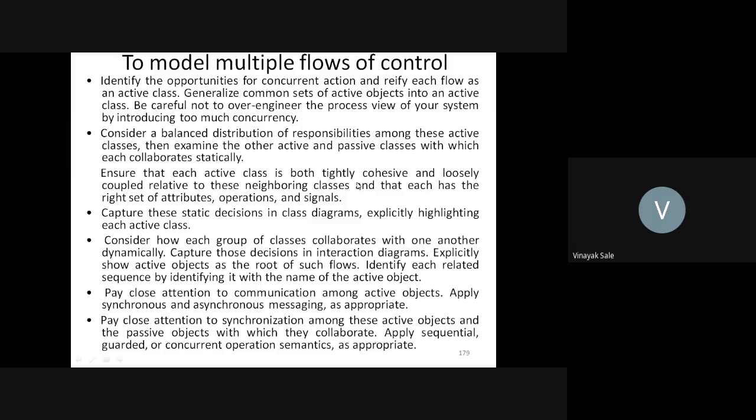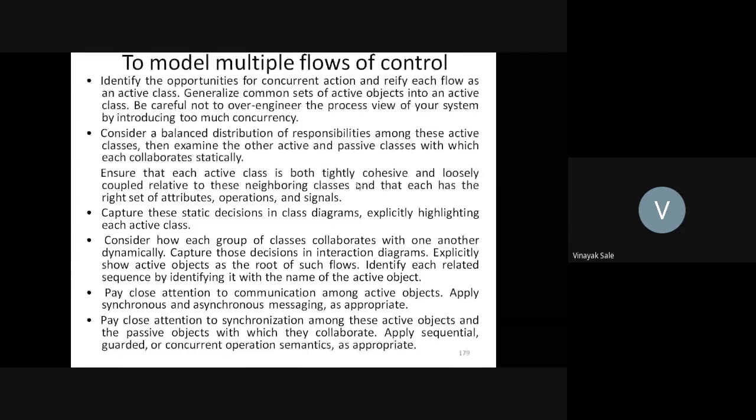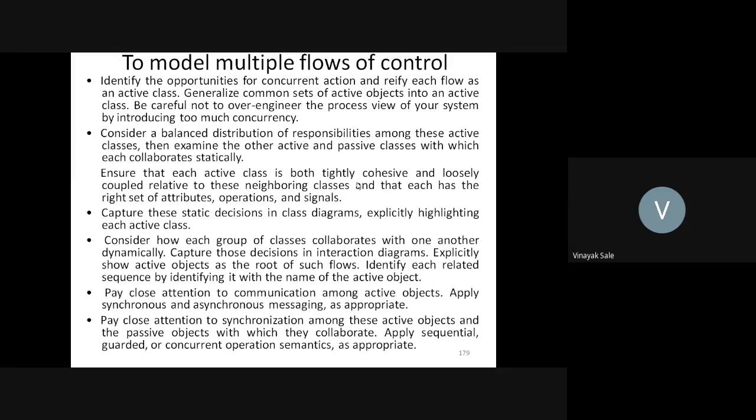So to model multiple flows of control, identify the opportunities for concurrent actions and reify each flow as an active class. Generalize common sets of active objects into an active class. Be careful not to over-engineer the process view for the system by introducing too much concurrency.